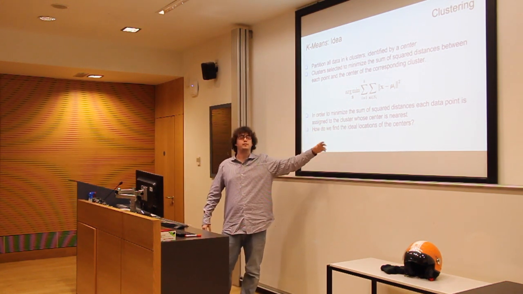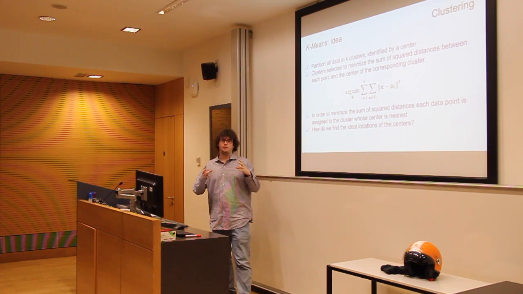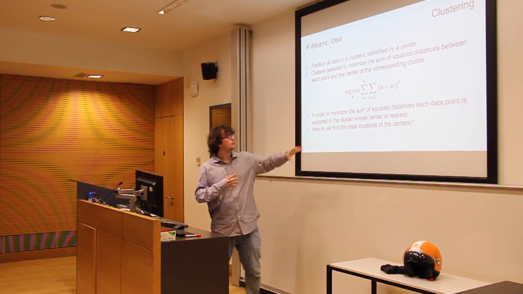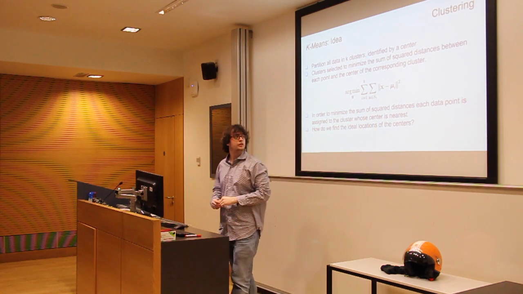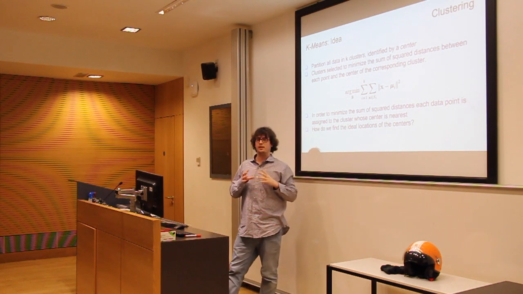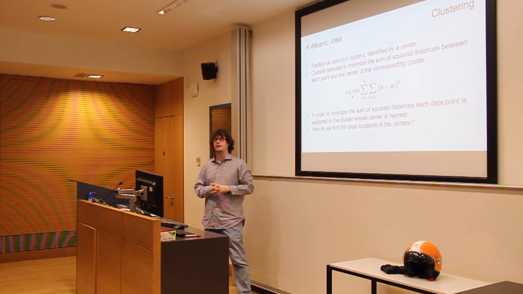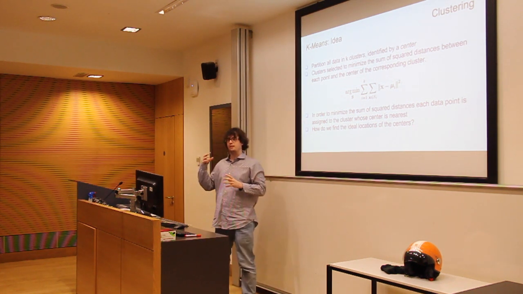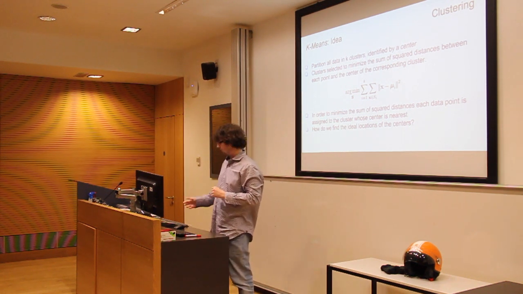So you would like all data which belong to a cluster to be close to each other according to this metric, which is just the sum of the differences between the vectors. And all the vectors within the same cluster are close to each other and close to the centroid, the center of this cluster, while being potentially more distant from the centers of the other clusters.